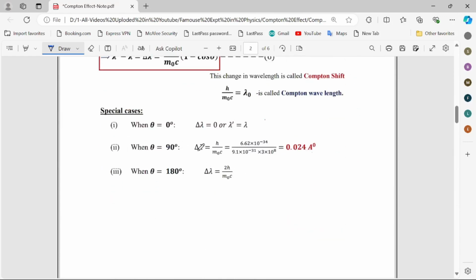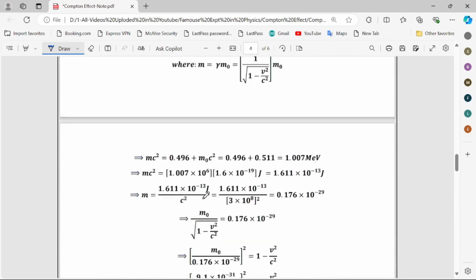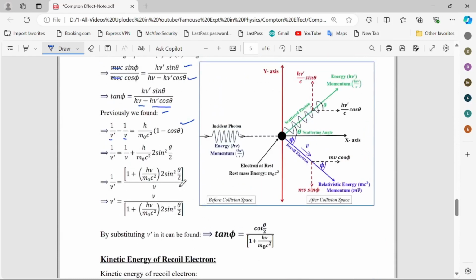This equation we are going to use here. So 1 by mu dash will be equal to, this minus moves to the other side, plus 1 by mu plus h by m0 c square into 1 minus cos theta, which can be written as 2 sin square theta by 2.